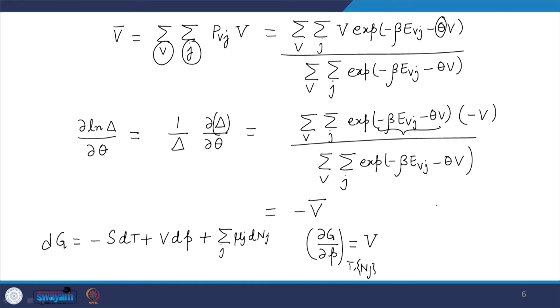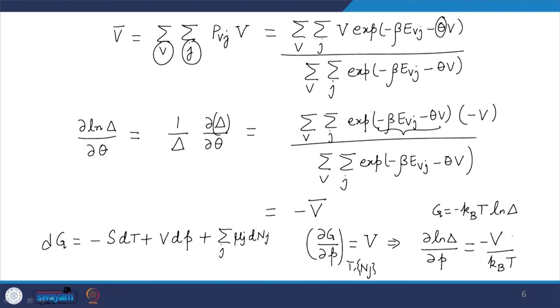But we have already established that G should be equal to minus kBT ln delta. So, therefore, dou ln delta by dou P is equal to V divided by kBT. Why is that? Because I am putting G equal to minus kBT ln delta there, so there will be a minus sign right here.